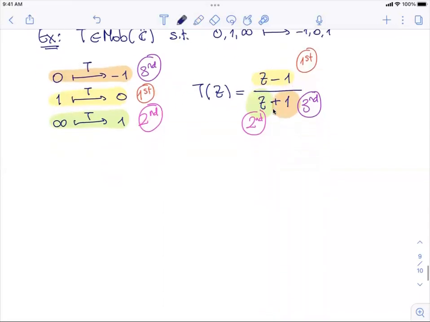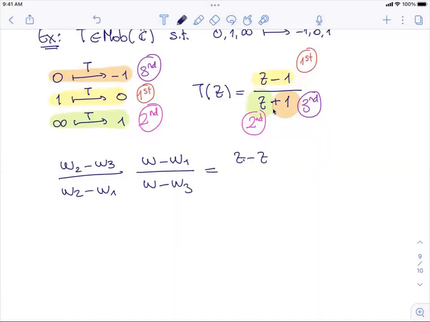This is the transformation. There are other ways we could go about this. We could just apply the implicit form right away. We could say W2 minus W3 divided by W2 minus W1, W minus W1, W minus W3 equals Z2 minus Z3, Z2 minus Z1, Z minus Z1, Z minus Z3.